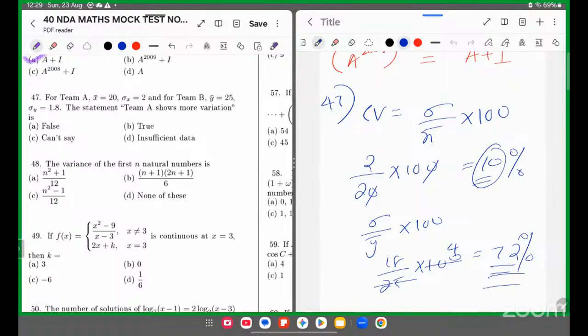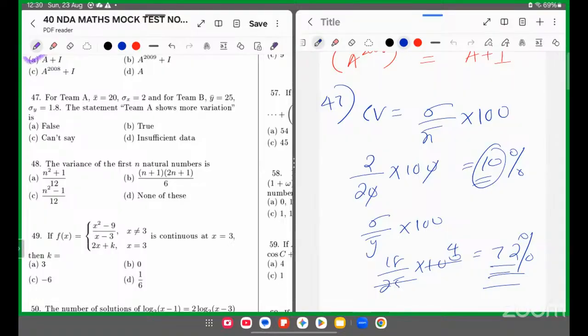So what can we say about the statement that team A shows more variation? Coefficient of variation 10%.